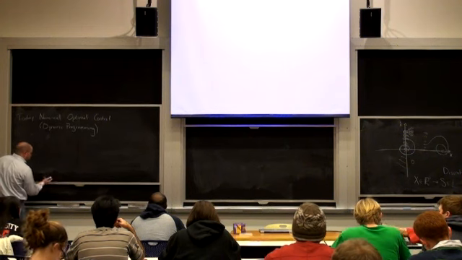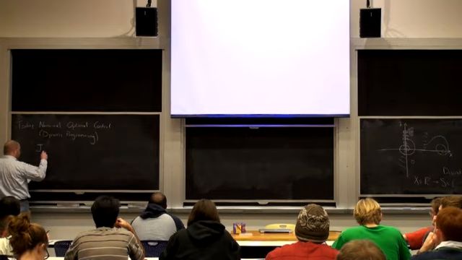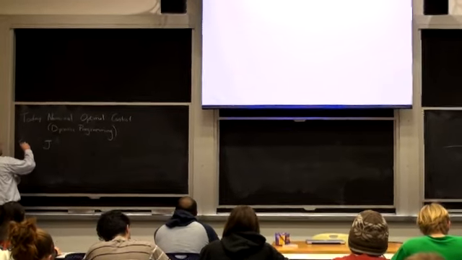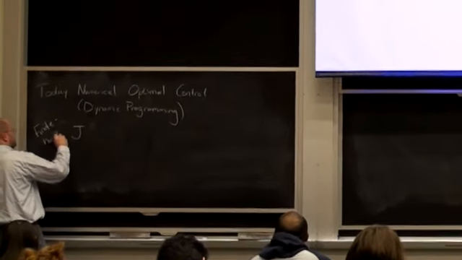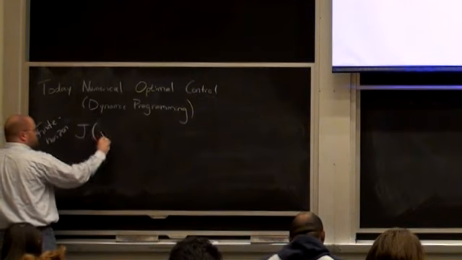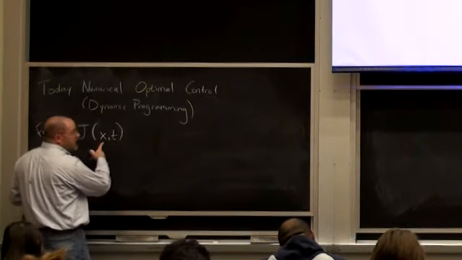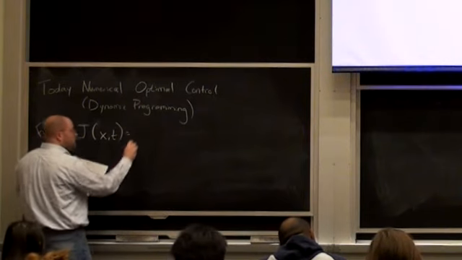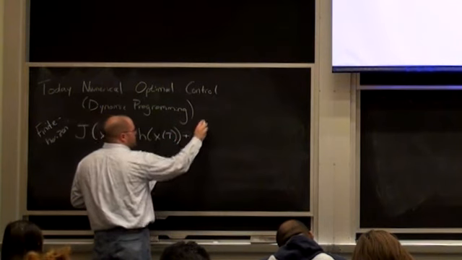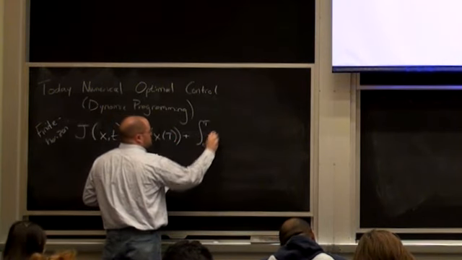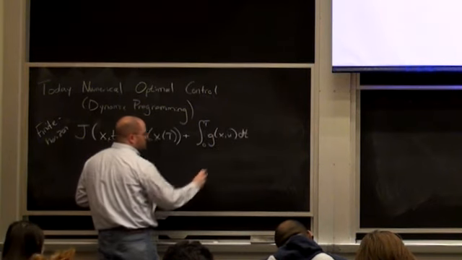And we're going to use this standard optimal control formulation. I'm going to start with a finite horizon, and say that my cost of being in state x at time t is h of x at the final time. This is the continuous time optimal control.